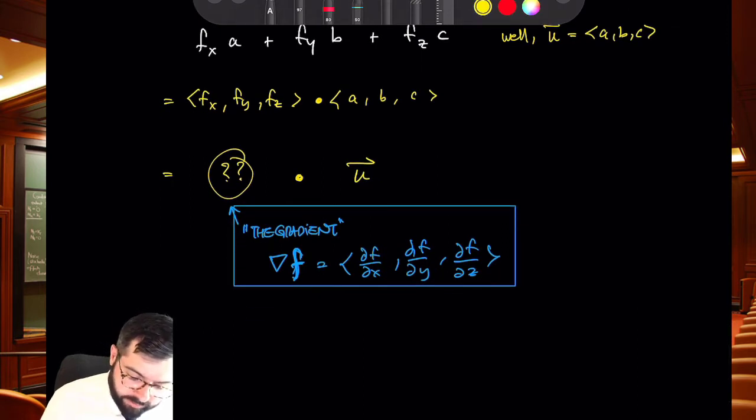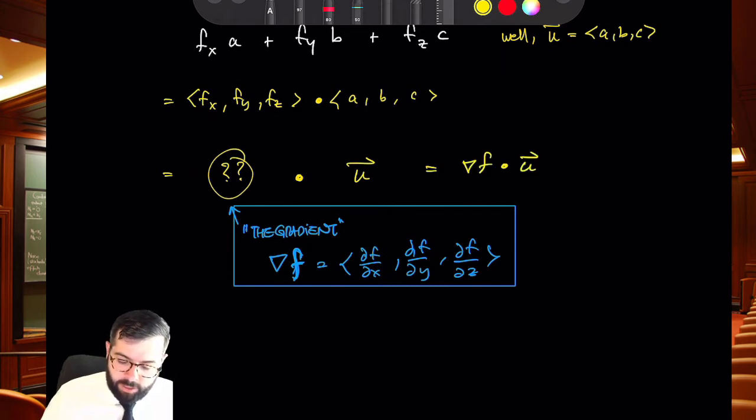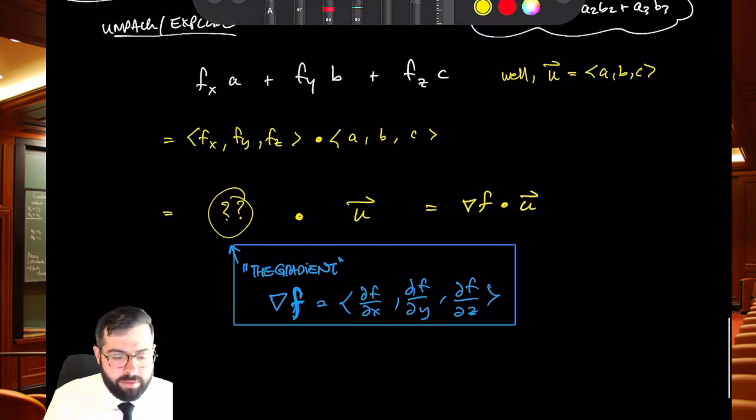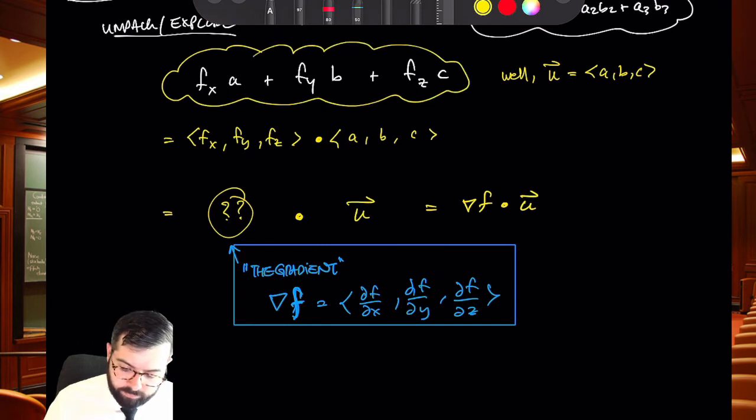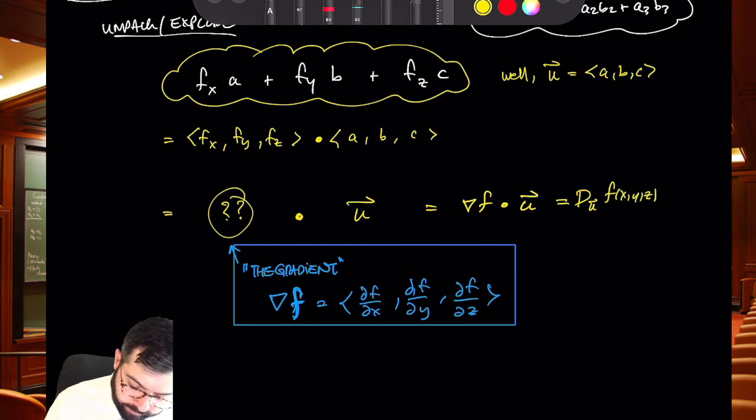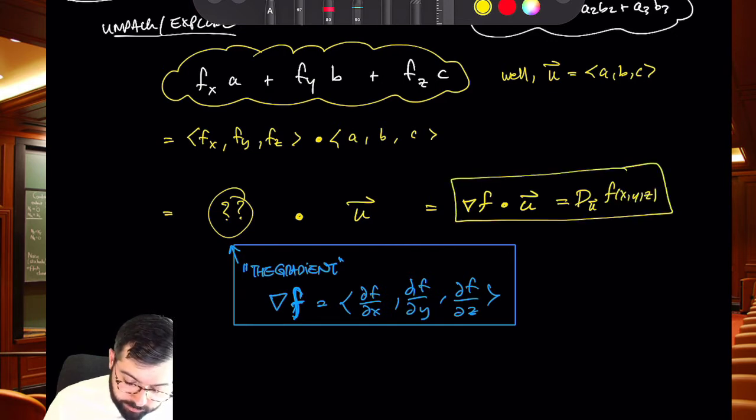Okay, so this looks like here then the gradient of f dotted with u. And what was this whole thing equal to when we started? This was the derivative in the direction of u of f of x, y, z, right? And so this is a really nice result to have.